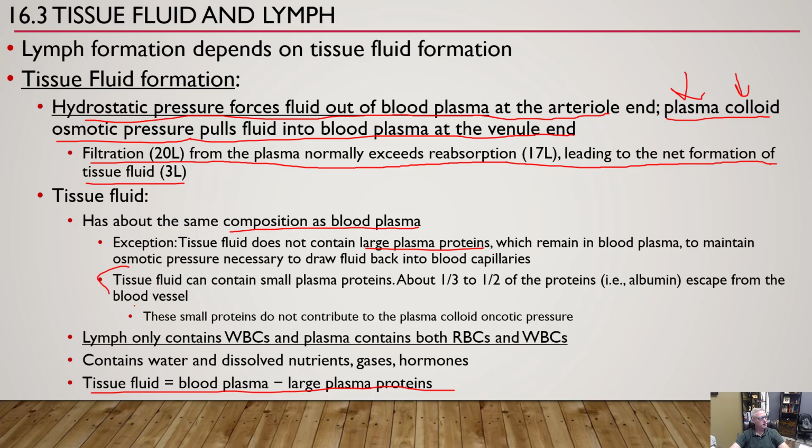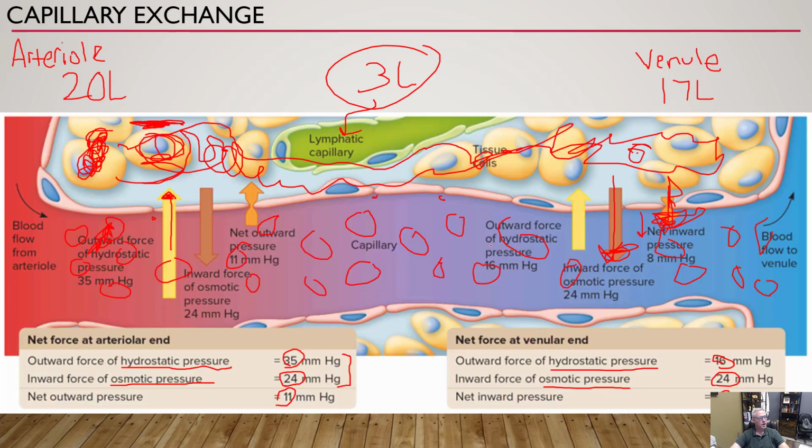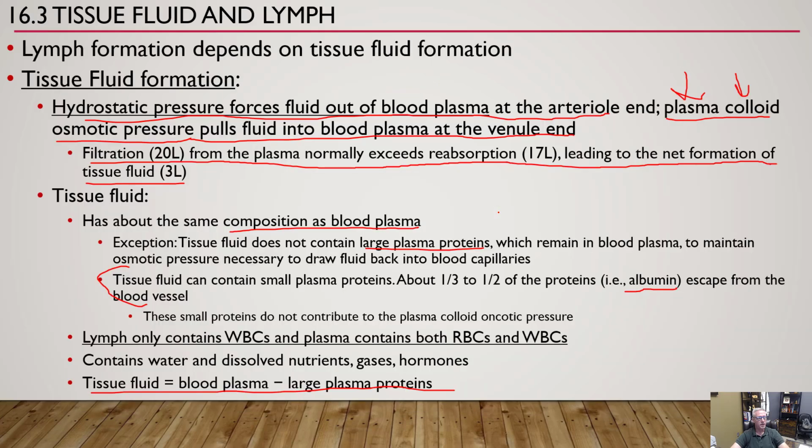Now here you can see that tissue fluid can contain small plasma proteins like albumin. In my drawing, I have these really tiny proteins here. These really tiny proteins can escape through the holes, following hydrostatic pressure, but they have to be really tiny to do so.